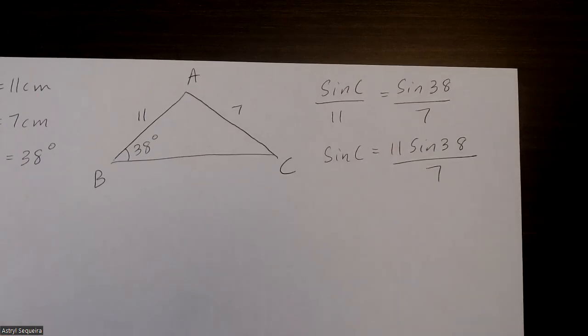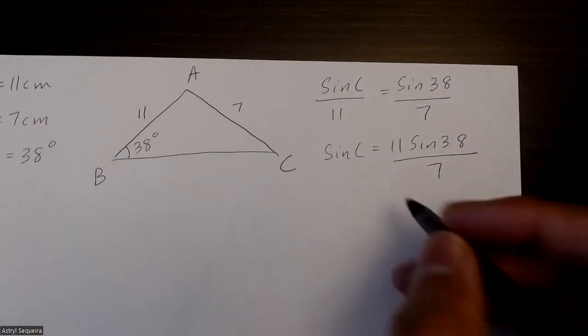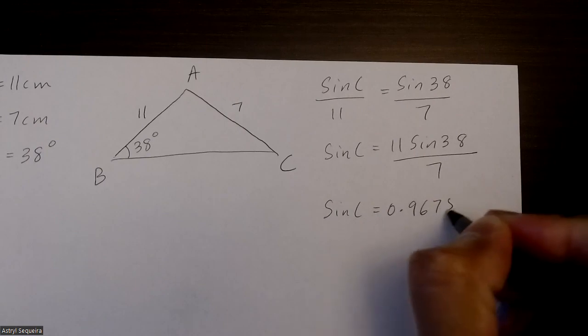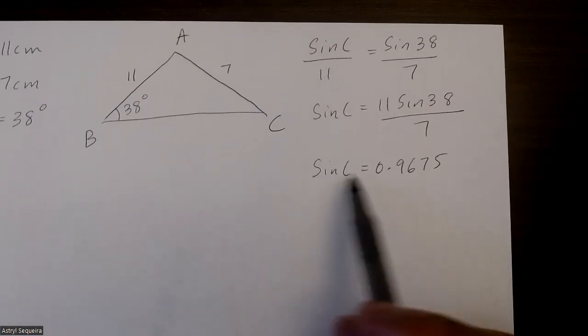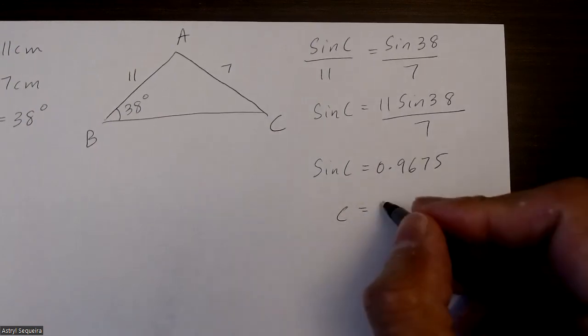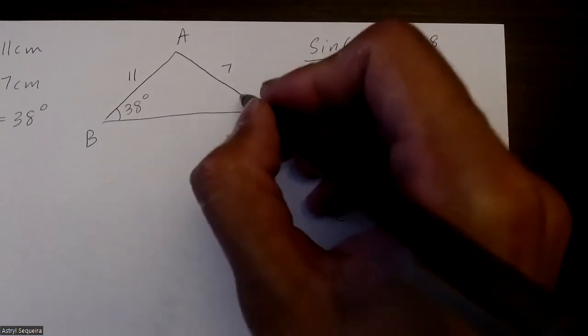Put that in my calculator. Sine C equals 0.9675. And now I'll do the sine inverse of this to find what C is. C is just 75 degrees.